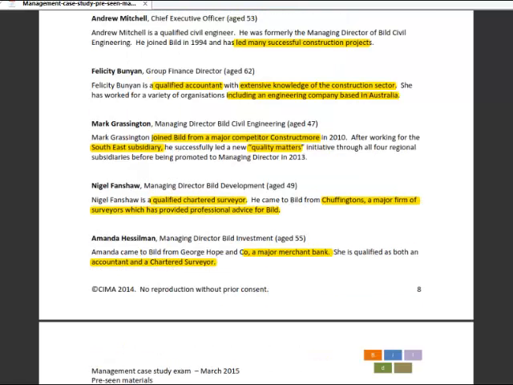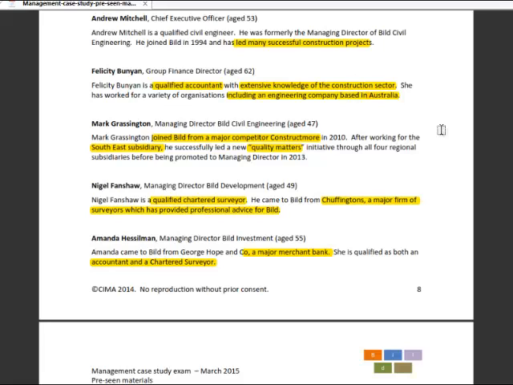So part of the board of directors are the managing directors of the 3 subsidiaries, starting with Mark Grassington. He joined Built from their major competitor Cont'd. He worked for the South East subsidiary and obviously was interested in quality, and introduced an initiative before being promoted to MD in 2013.